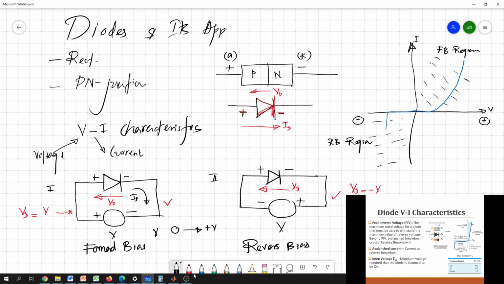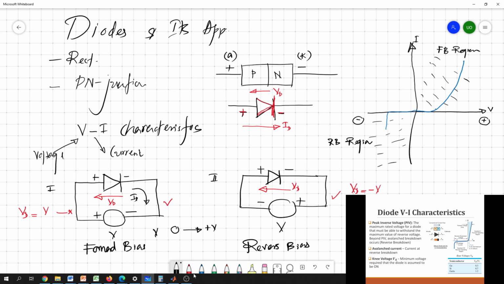While you increase the diode voltage, you can observe that there's a certain threshold voltage. Once you increase your source voltage beyond that threshold voltage, you can observe a current flow through this diode.